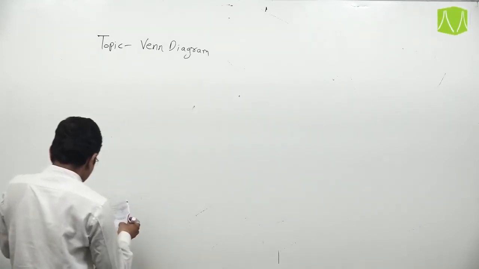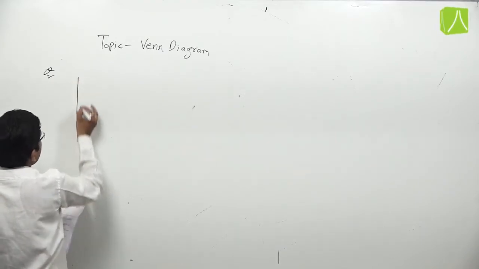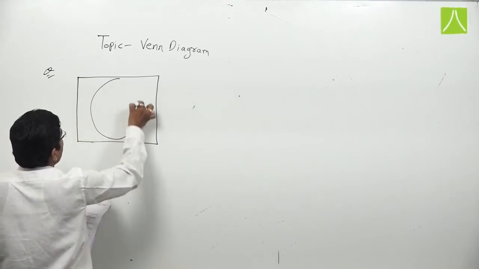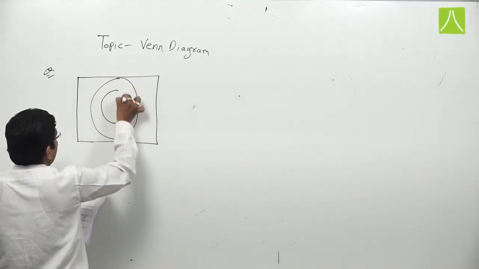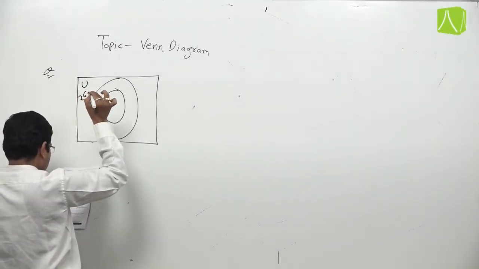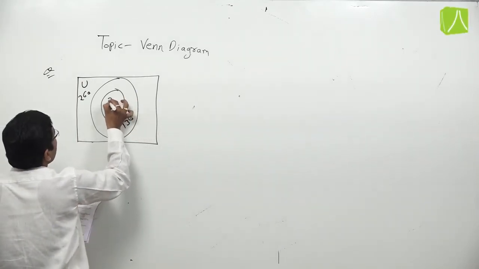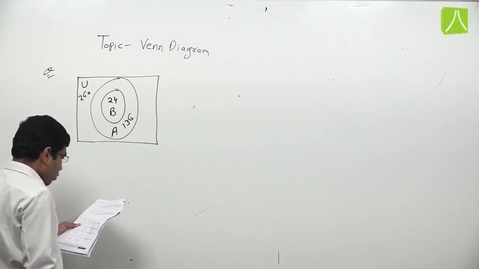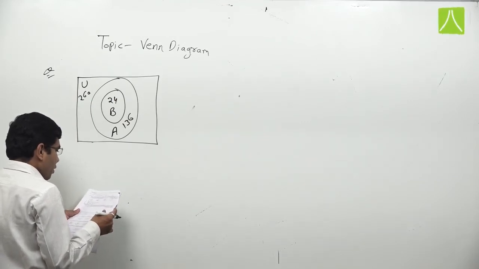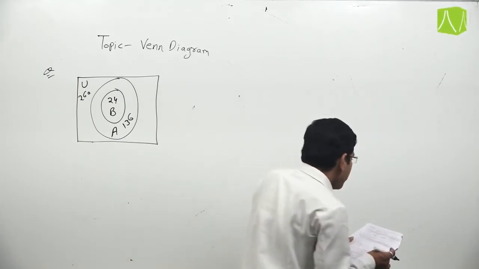Suppose here a condition is given, and this is our diagram. Here U is 260, the value of A is 136 and here is 24 for B. The notations are U, A and B, which represent the married persons, educated and the teachers respectively.